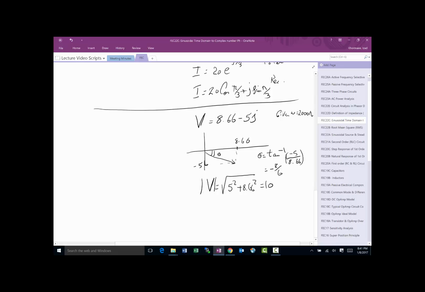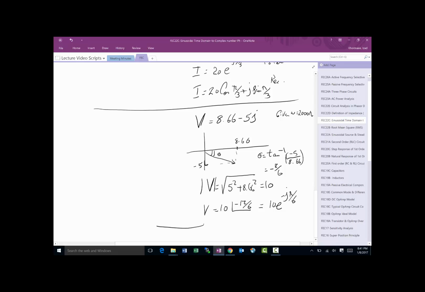So now the angular form is just the length, 10 angle of minus pi over 6. And the polar form will be simply 10 e to the minus j pi over 6.